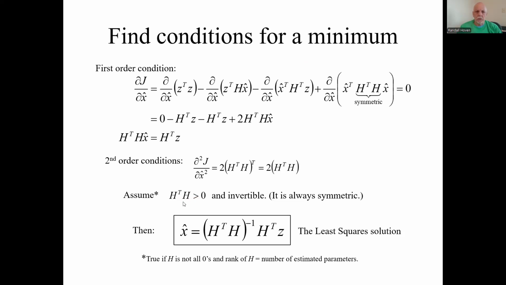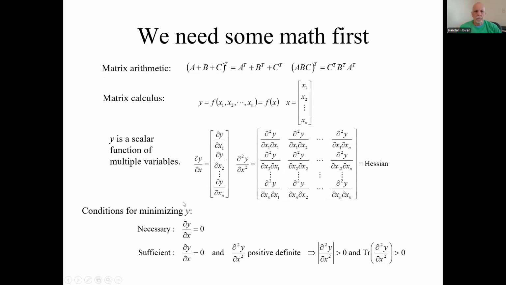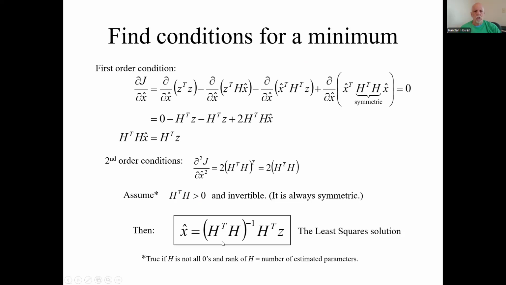I guess this means that the Hessian is positive definite. This is the Hessian, and by greater than 0, we mean positive definite. If you assume that, it means we pass the second order conditions, and we can solve this. We can take the inverse of this H transpose H. And here is our formula for least squares.